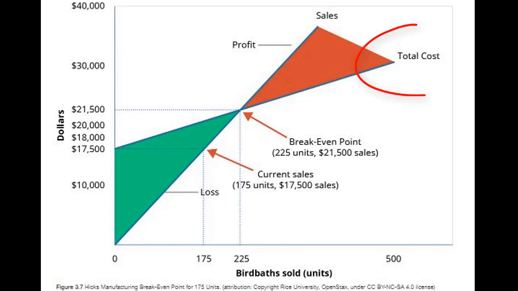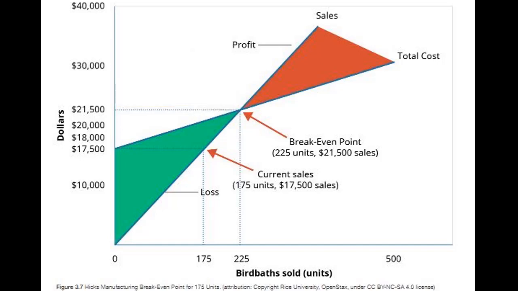Your total costs are much higher than your sales revenue. In other words, you're spending a lot more than you're making, and therefore you're losing money. But look what happens to that loss, that greenish, bluish region, as you move from left to right on the chart.